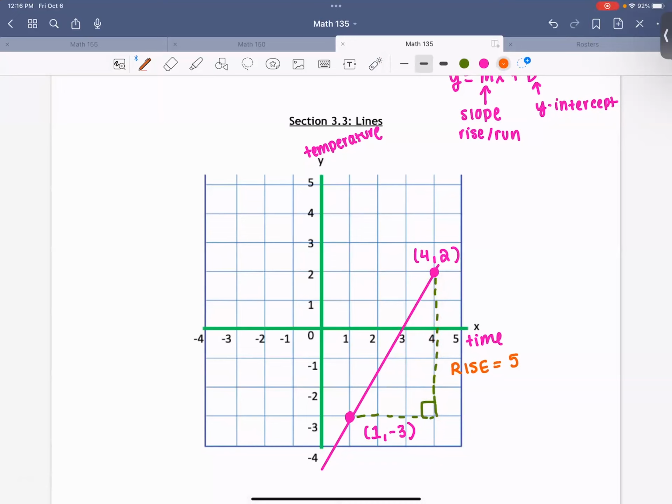Mathematically, we don't really have to count the blocks, because another way to get 5 is to take the y value of my second point, 2, and subtract the y value of my first point, -3, to also get 5.